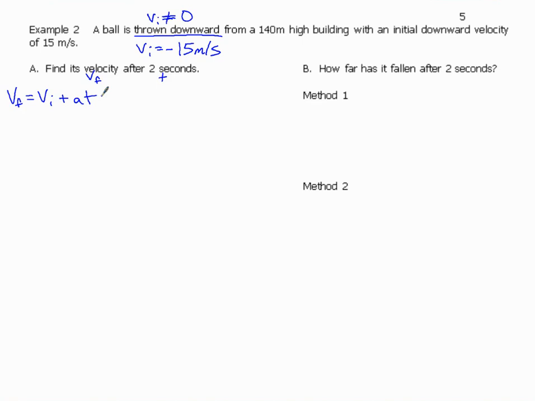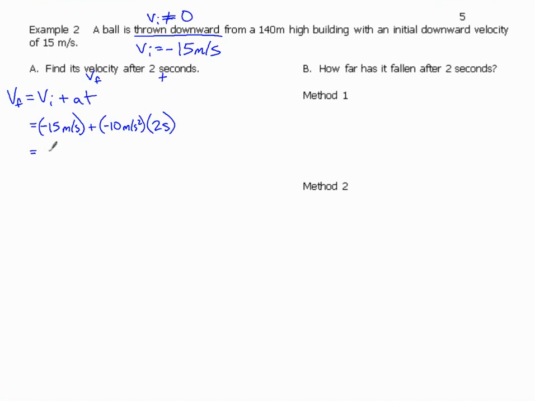So we plug in our numbers here. Initial velocity is negative 15 meters per second, plus the acceleration of gravity, a, negative 10 meters per second squared, and our time is 2 seconds.